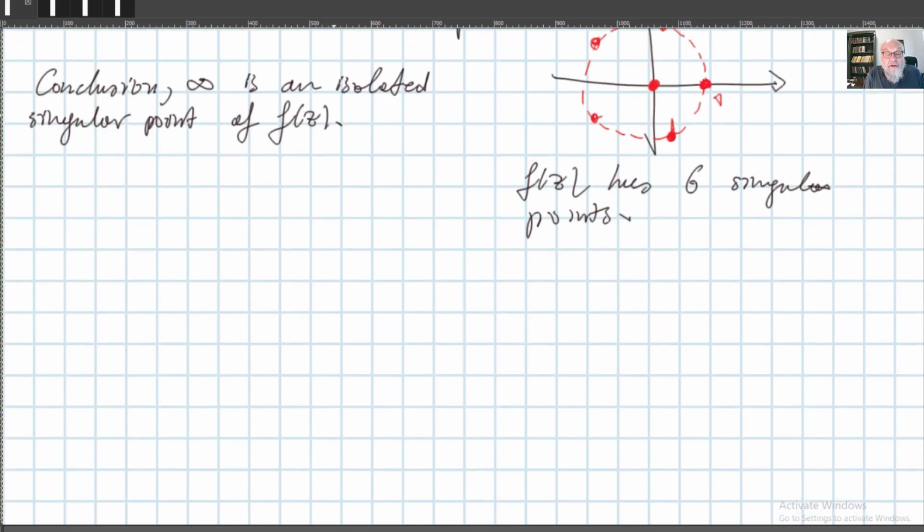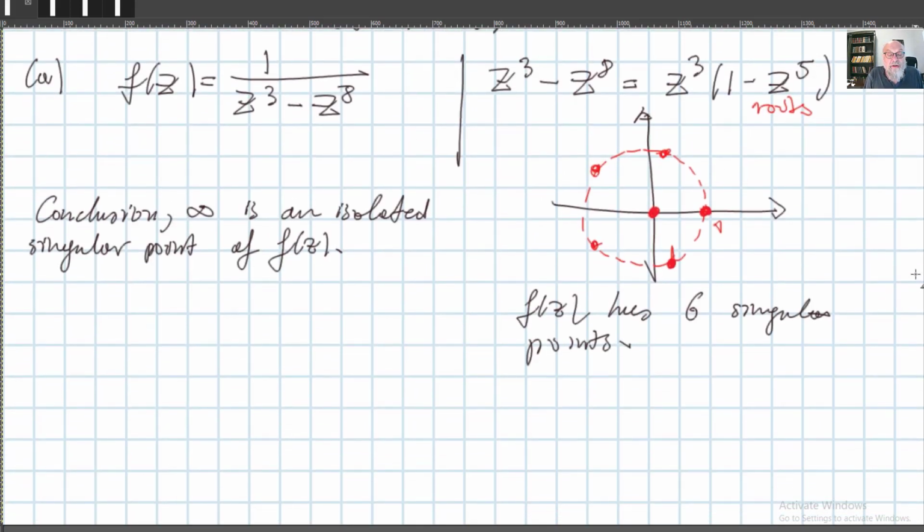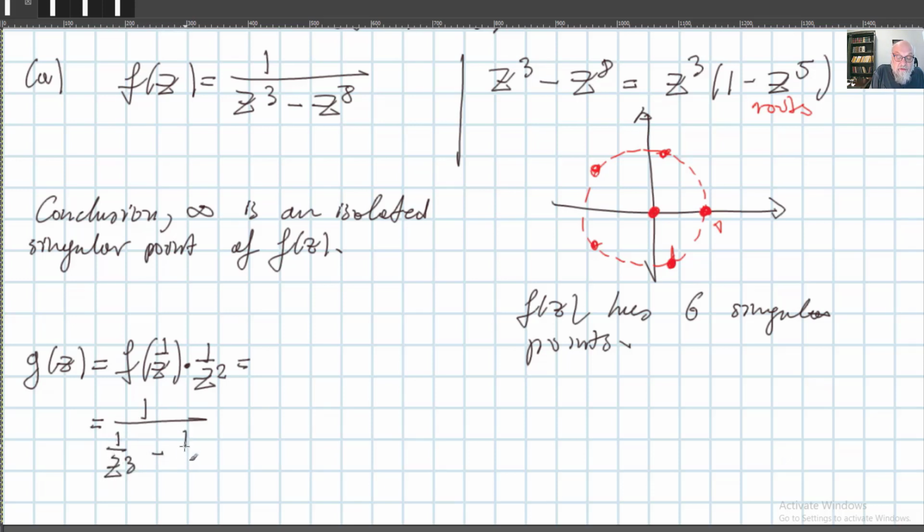So now we can proceed with the classification of the type of the singularity. Let's write it down. g of z, write it again, this is f of 1 over z times 1 over z squared, and rewrite it. So what do I get here? This is equal to 1 divided by 1 over z cubed minus 1 over z to the 8, and this is times 1 over z squared.